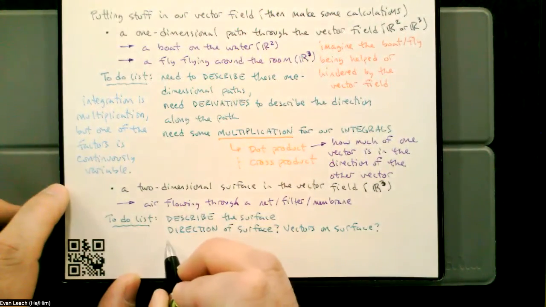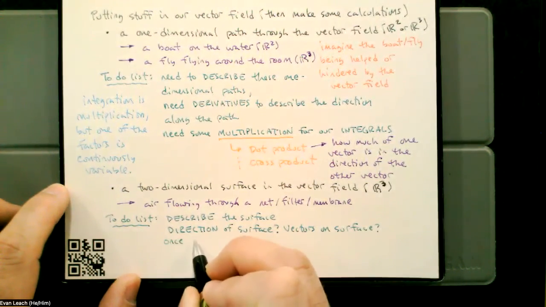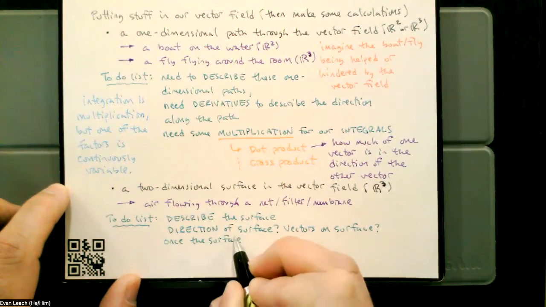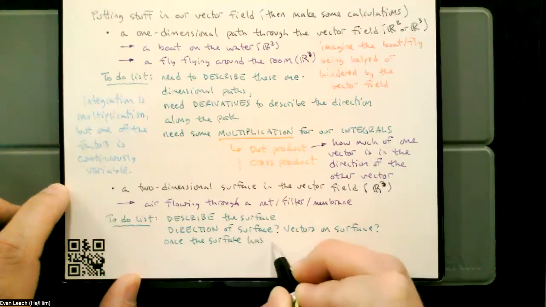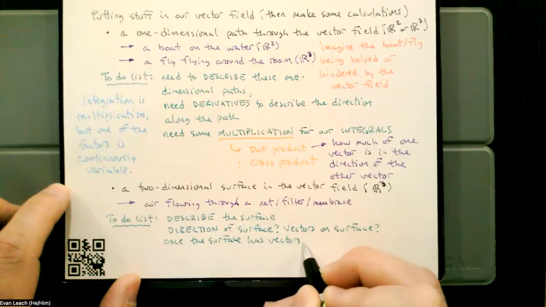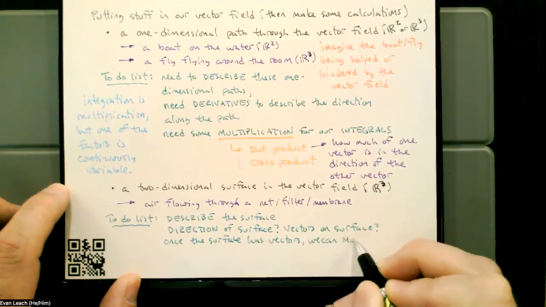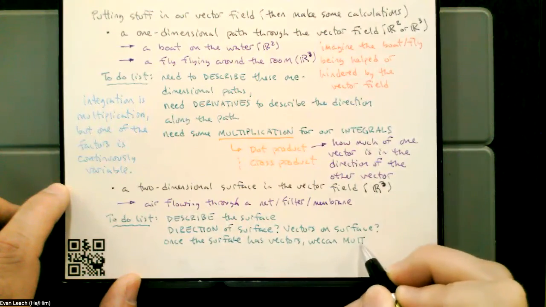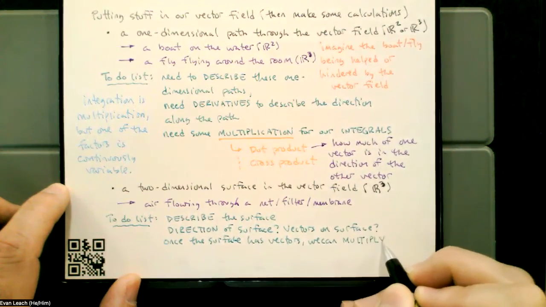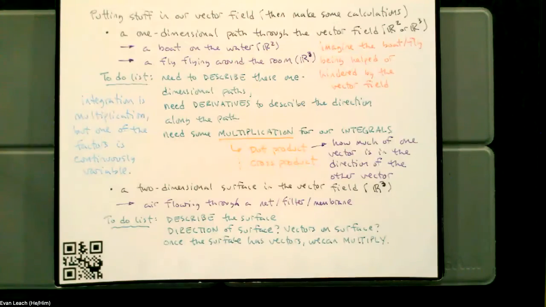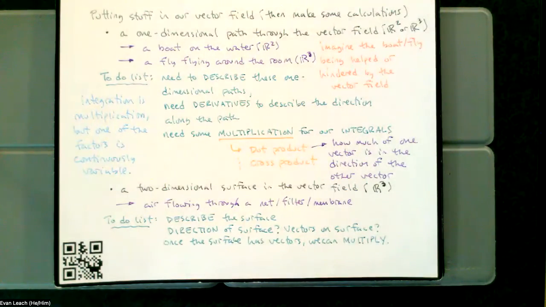Once the surface has vectors, then we'll be able to multiply. Once we're multiplying, integration shows up because one of our factors will be continuously variable.